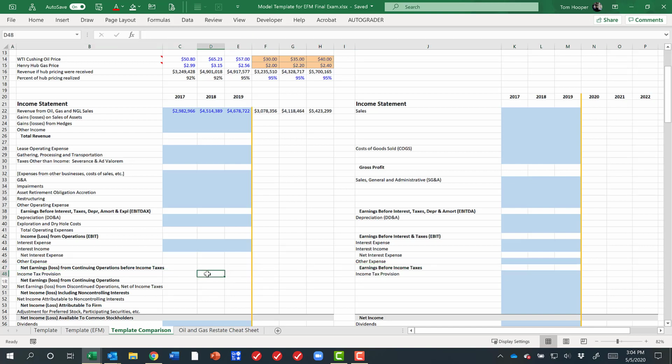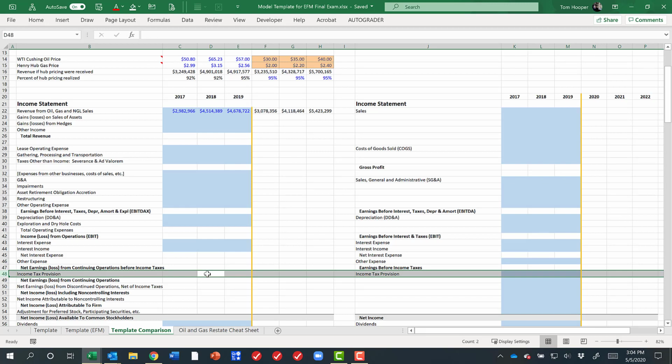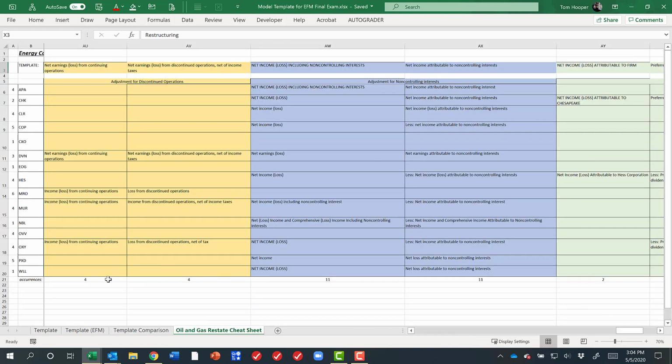We take off our taxes. But then what I saw on many of, in fact, let's go see how many, I saw about 4 out of 15, almost a third of the companies, talking about continuing operations. When an oil and gas company sells an asset and it's no longer an operation that they're going to continue with, that's a big deal, and it affects the numbers dramatically. So when you see that on your income statements, I wanted you to have a place for it.